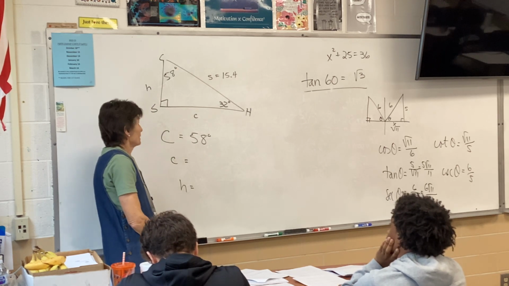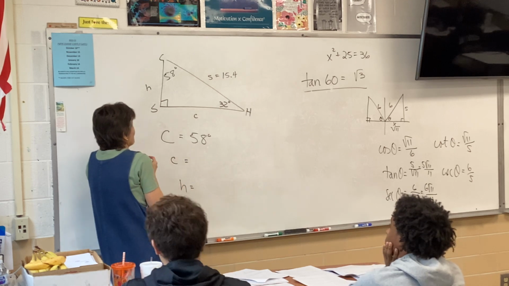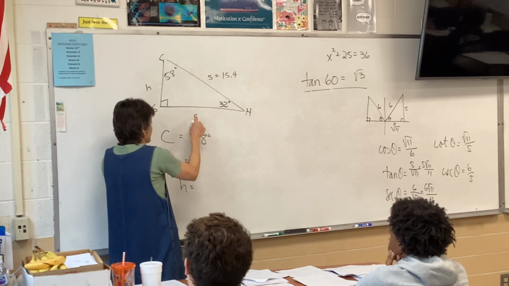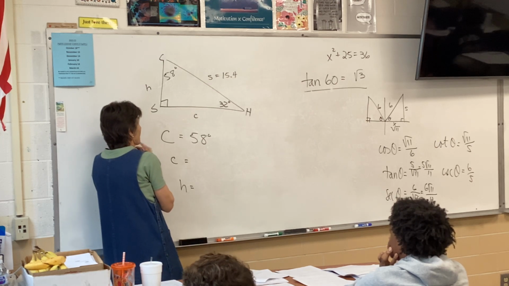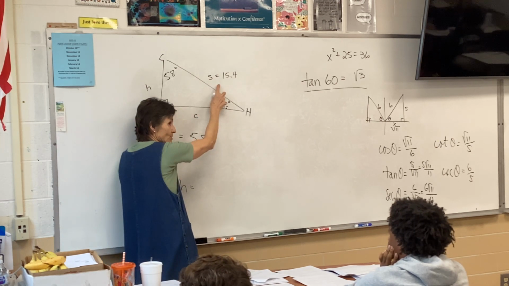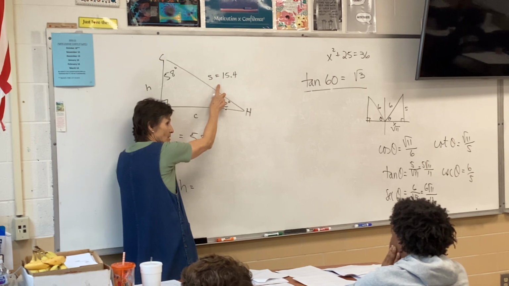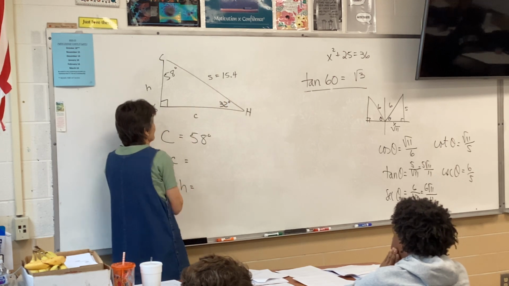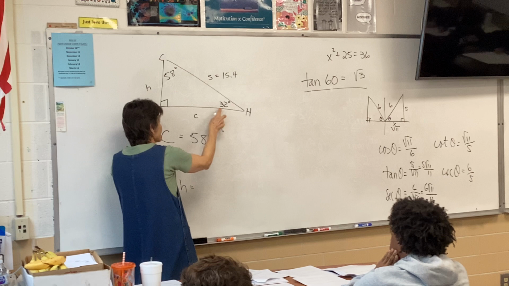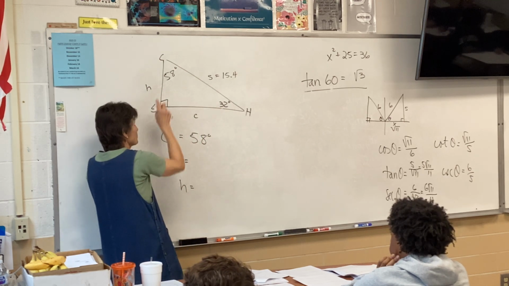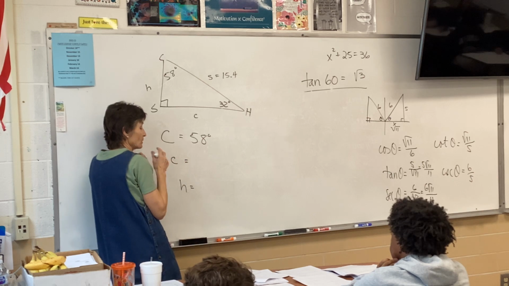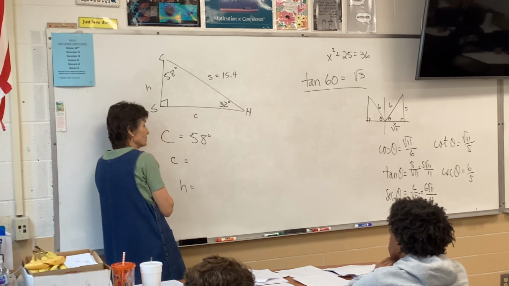Now, we just got to decide. Okay, let's find side c first. I know the hypotenuse. I know this angle is 32, that was given, so I'll just use that 32. I could use 58, I'll set it up differently if I do, so I'm going to use 32.